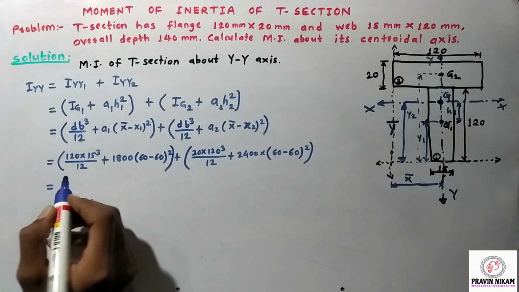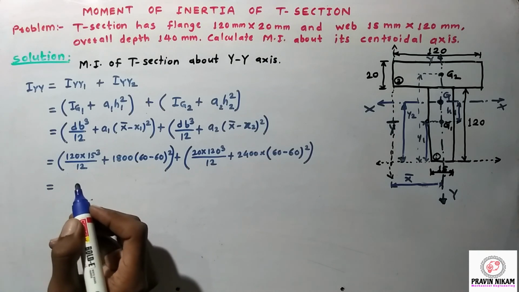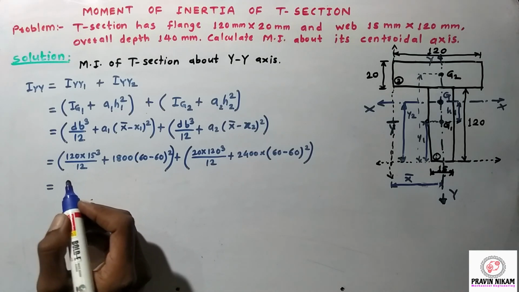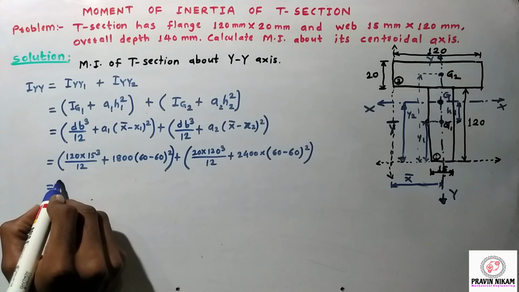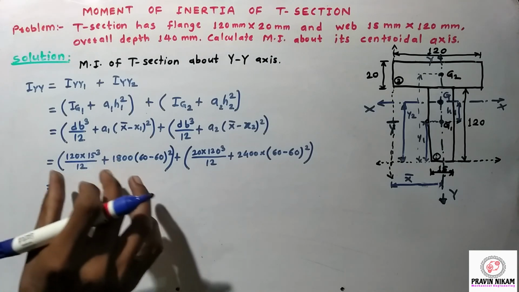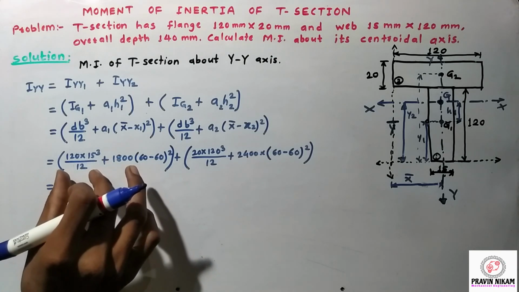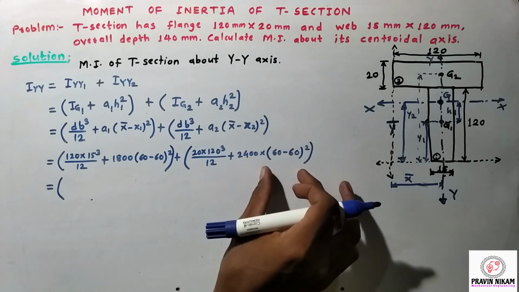So simple, Iyy is simpler than Ixx. How? Let us see. Now find out these 4 terms separately.